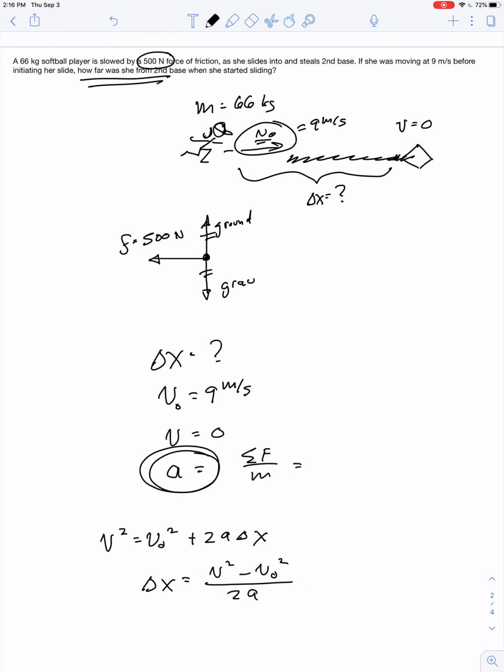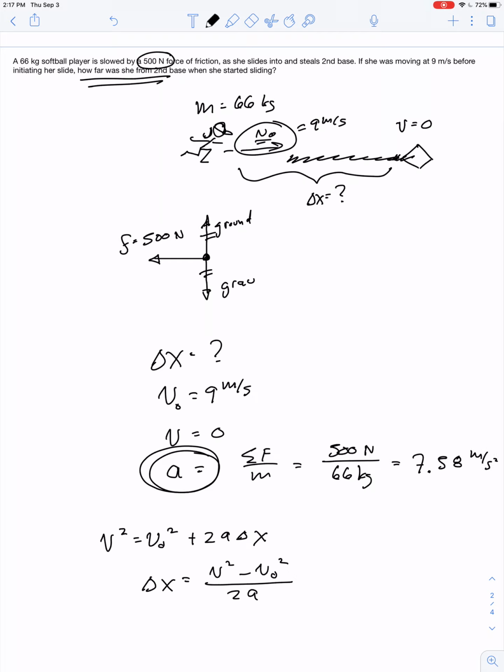So we divide the force of 500 newtons by a mass of 66 kilograms, and we get about 7.58 meters per second squared.